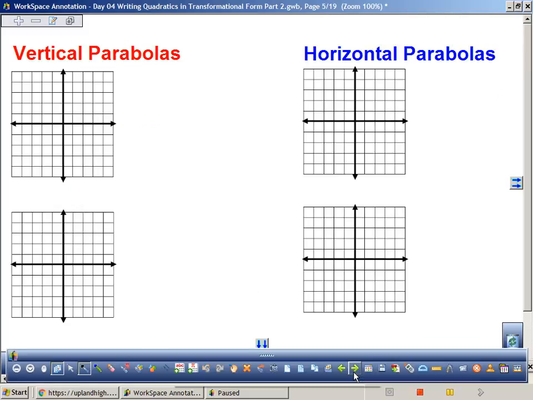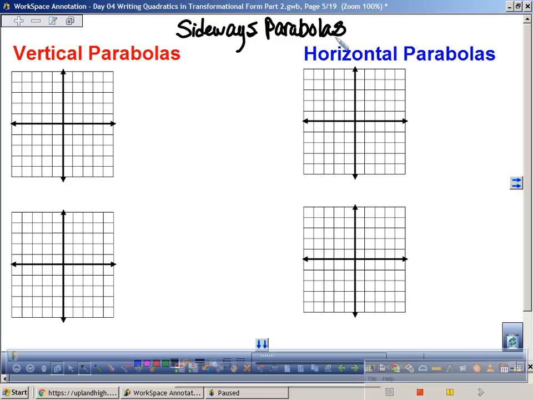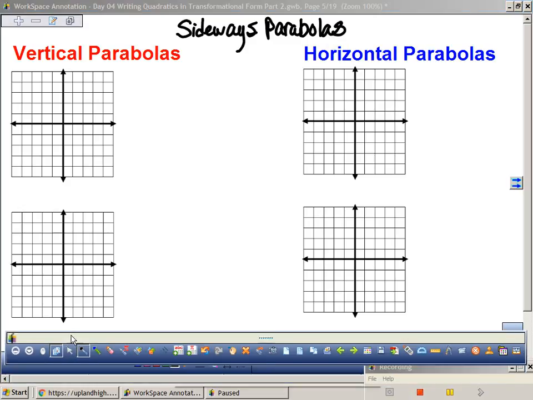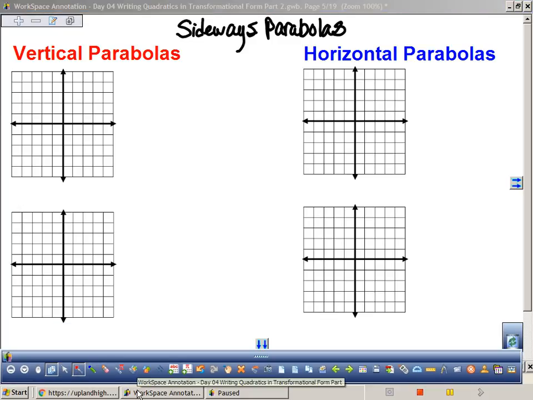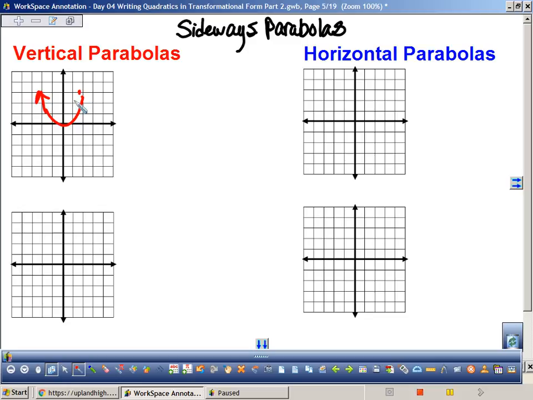All right, so vertical parabolas and horizontal parabolas. So let's talk about this, and I'm going to put it in your notes. All right, so this, we're going to call this sideways parabolas. So if we're talking about a vertical parabola, right, that's our normal parent graph of y equals x squared.